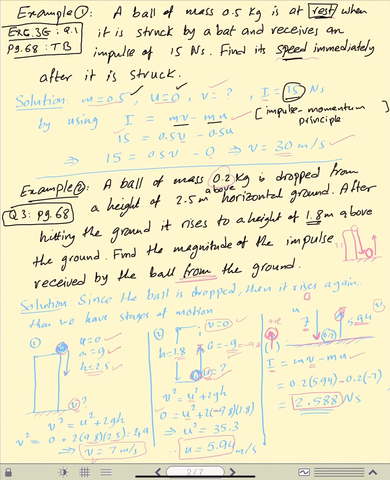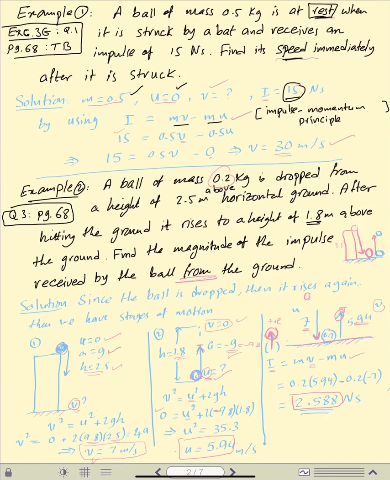He wants the impulse from the ground on the ball. So we must find u and v in the last part of motion. To do this, I must do the question in stages, in steps.